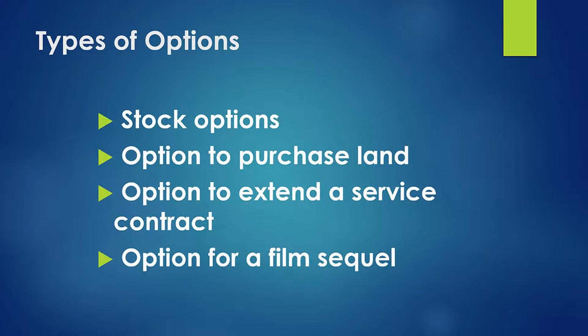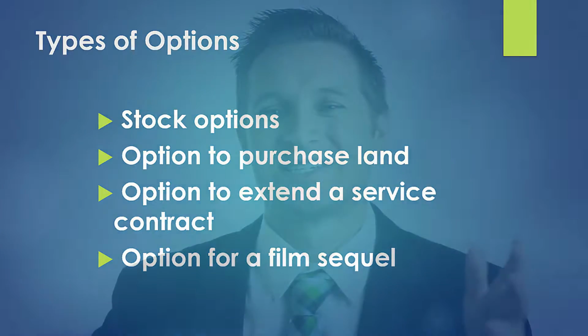So if you're going to make the sequel, you obviously want the actors to come back and be in the sequel, but you don't actually want to pay everybody up front for 2 movies. So you're going to have the option to make movie 2. You're going to write the contracts for movie 1, but you're going to have the option, if you want, to make movie 2.